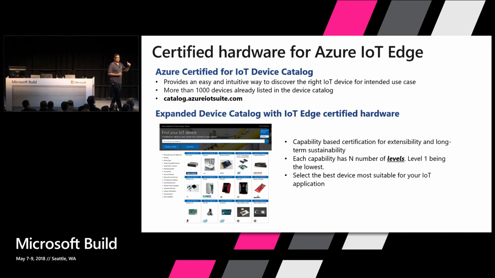You will be able to select that and know what are the devices I can use here. We will have some leveling, level 1, level 2, level 3. It all depends. So for security, we might have 4 levels. For device management, some additional levels. So we will have a kind of a leveling mechanism where you can actually select the right device for your scenario.